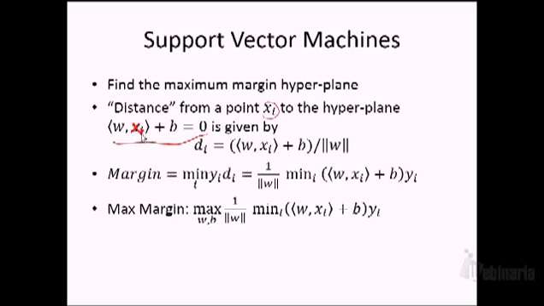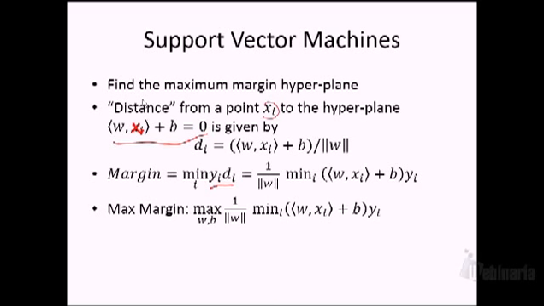This is the distance, and this could be a free parameter x, and this is the distance between xi and that hyperplane. Then the margin is just minimize yi di.